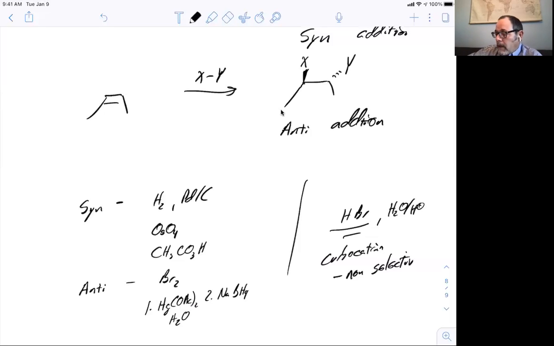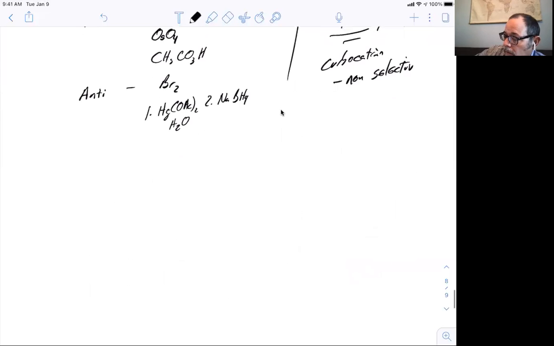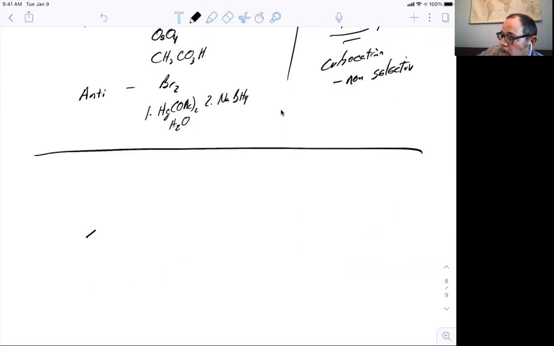Well, okay, so achiral. When we're looking at molecules, a chiral center is going to be a carbon with 4 different groups.